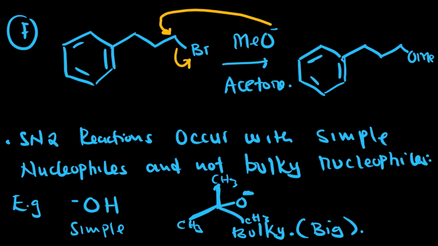Because for this nucleophile to come and attack the alpha carbon, it has a lot of surrounding groups. So there's going to be a lot of hindrance. So this provides what we call steric hindrance. So whenever you see a bulky nucleophile, just know that an SN2 reaction will not occur there.